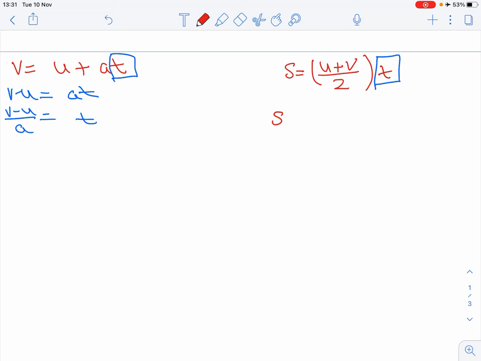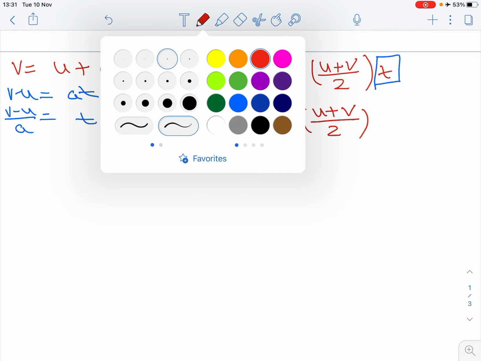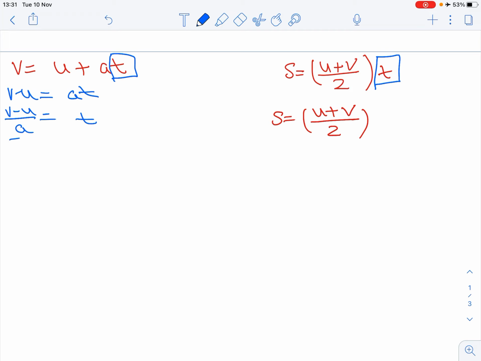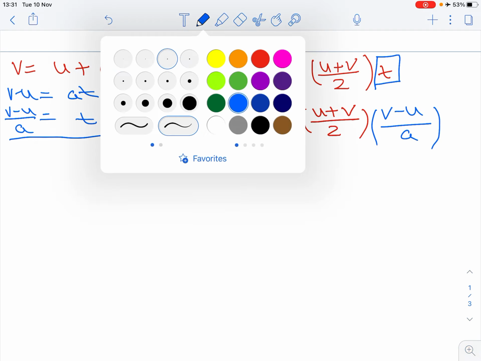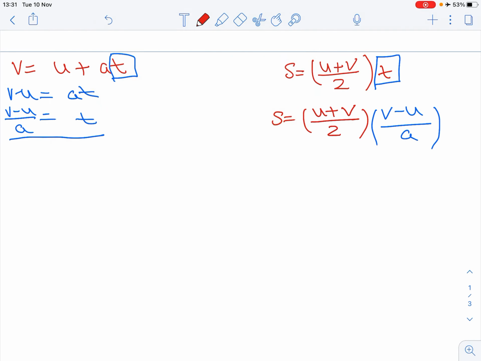So we have s equals u plus v over 2 multiplied by our t, which we just found out here. So substitute v minus u over a. So now this is looking like something we can do.